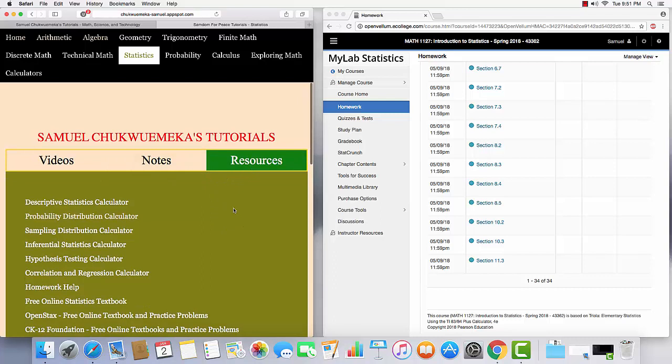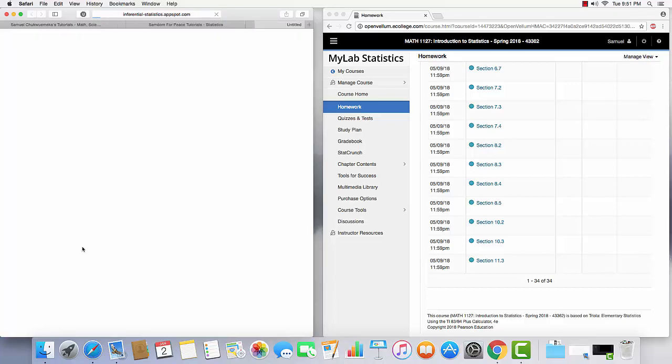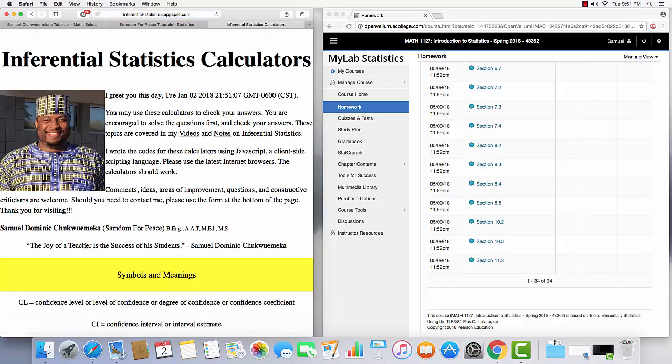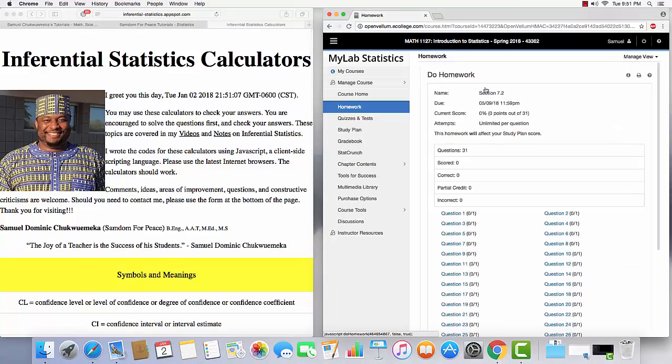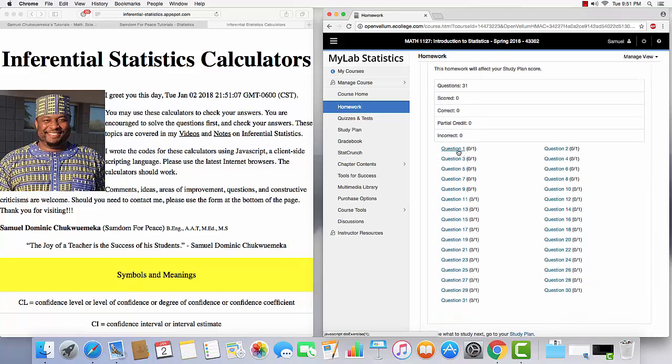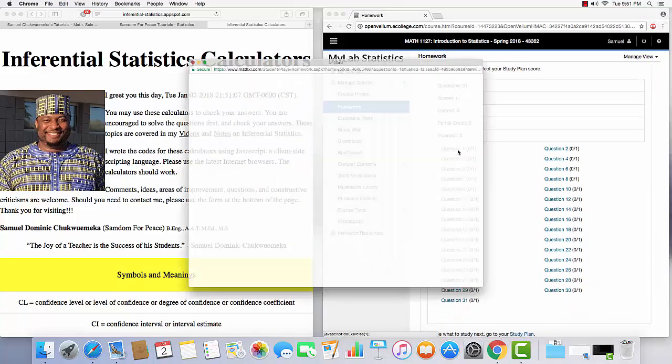Under statistics resources, we are going to use the Inferential Statistics calculator. This is what we're going to use here. So we will use this calculator and your Pearson StatCrunch that comes with your MyStatLab. So Inferential Statistics is section 7.2. Let's get started.